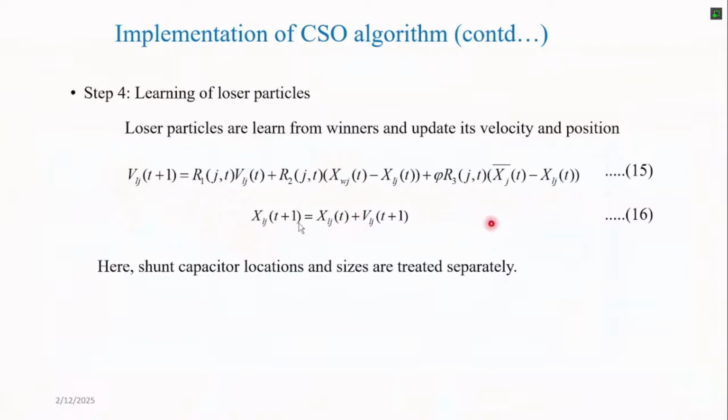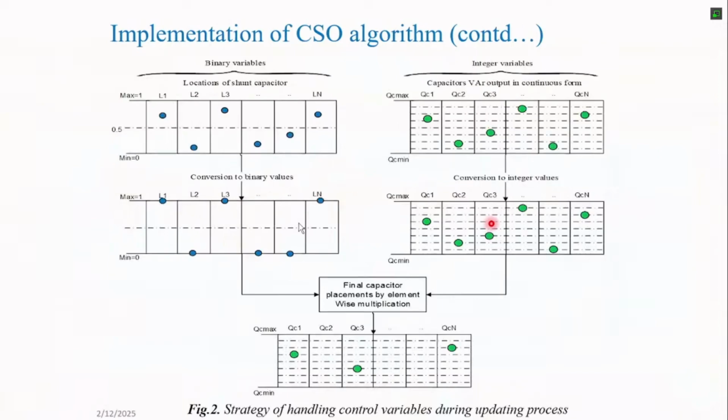For this specific scenario, we are talking about the capacitor location and size, and both are dealt with separately. Roughly, how it's dealt with we have shown over there. When we are generating its location based on the earlier equation, the random value lies in the range of 0 to 1.